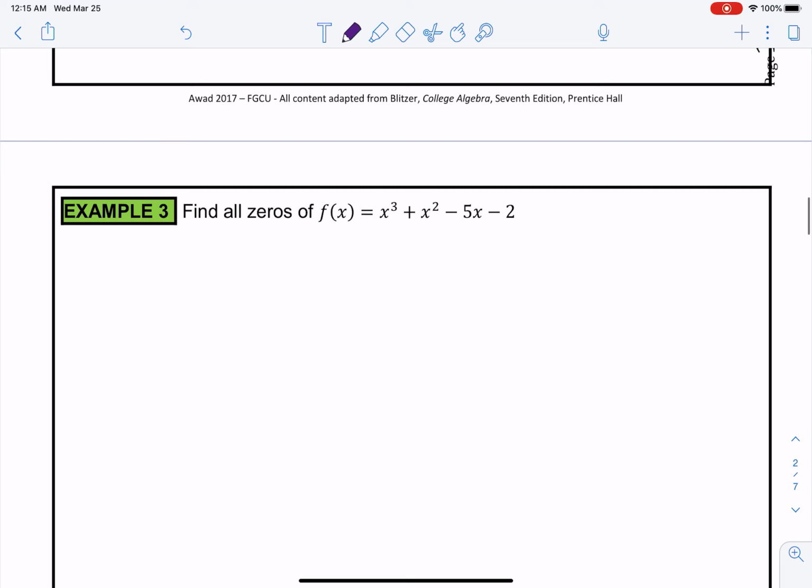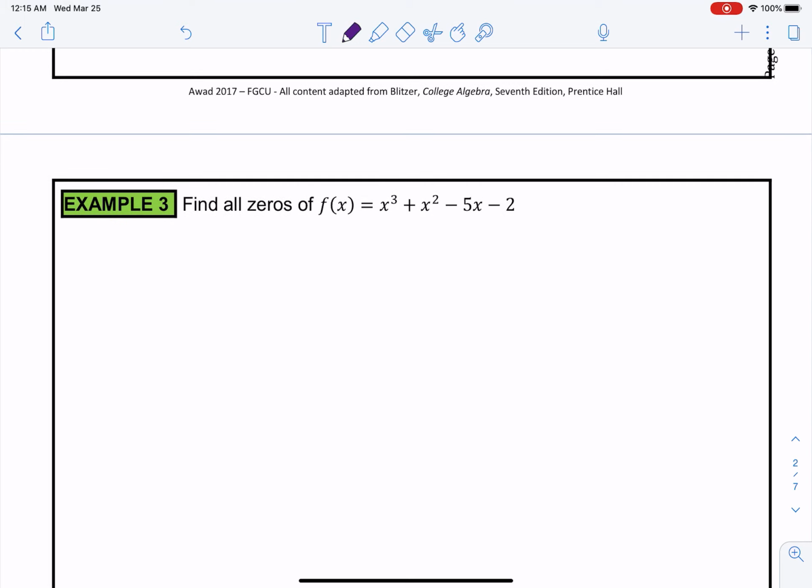We use the same process to find the zeros of this polynomial, x cubed plus x squared minus 5x minus 2. So the constant term is minus 2. The leading coefficient is 1. So the factors of the leading coefficient are plus or minus 1.